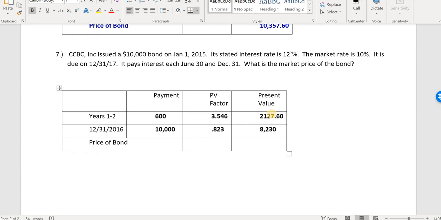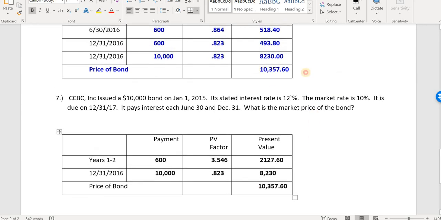I add that to 8,230 and I get 10,357.60. The same thing I got up here.